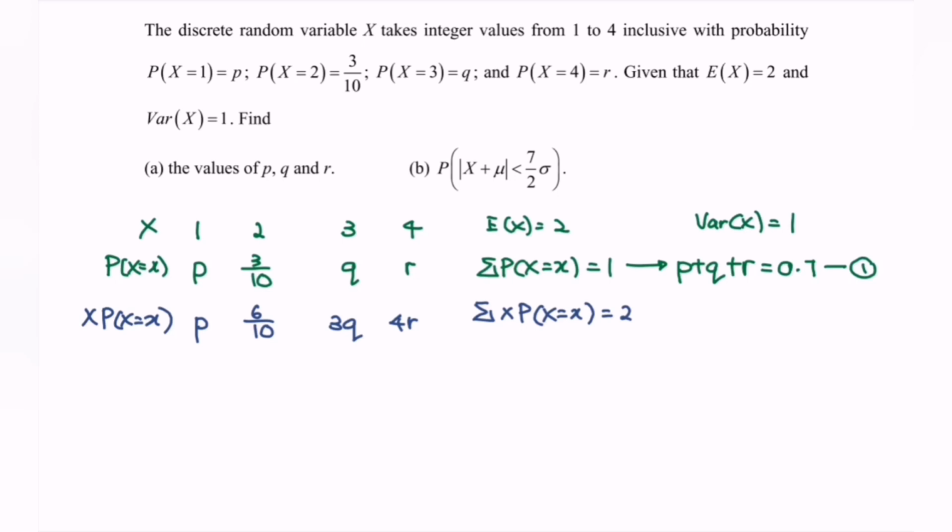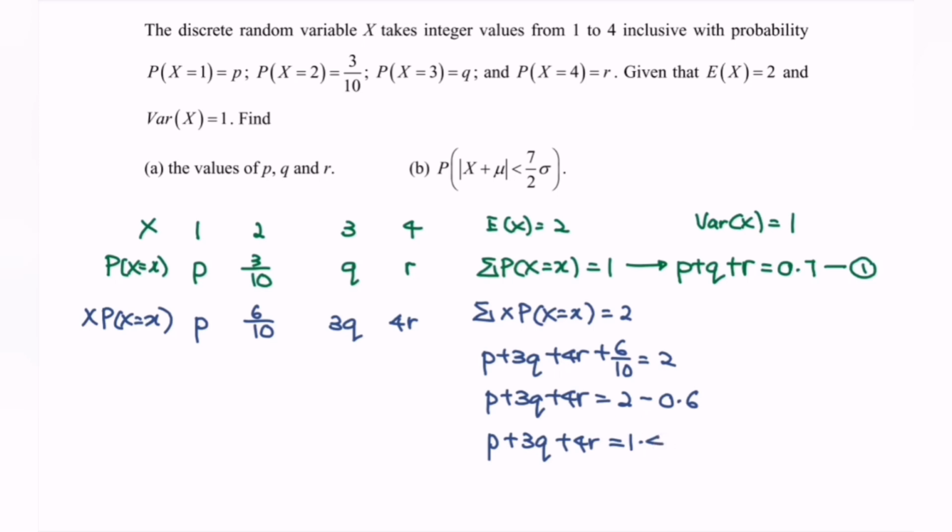So P plus 3Q plus 4R plus 6 over 10 is equal to 2. Rearranging, P plus 3Q plus 4R equals 2 minus 0.6, as we know 6 over 10 is equal to 0.6. So P plus 3Q plus 4R is equal to 1.4. Here we have the second equation.